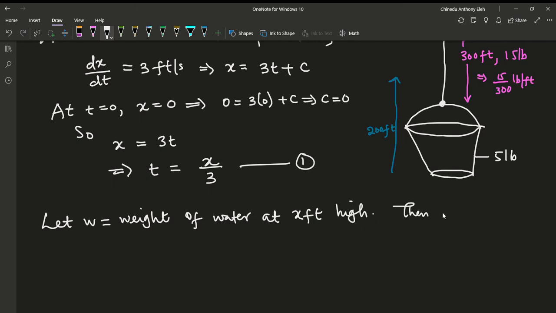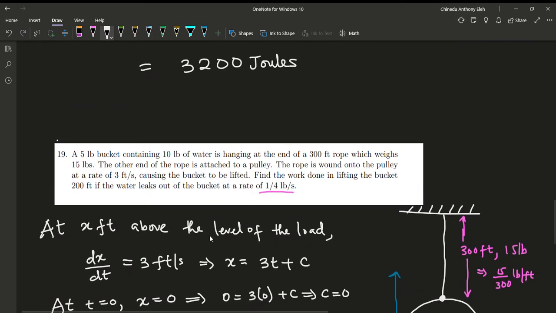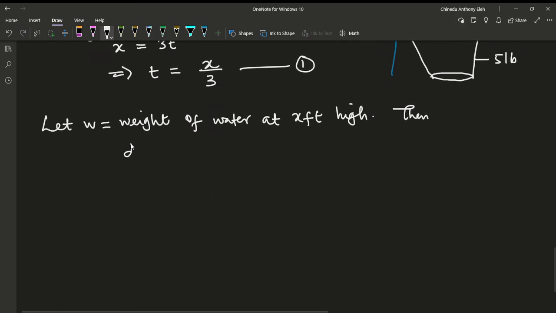As the load rises up, the amount of water in the bucket decreases since the water is leaking, right? Which means as time increases, the water content decreases. So given that the rate is 1/4, that simply means that the change in water with respect to time is going to be -1/4.